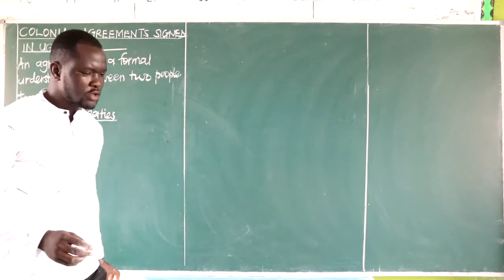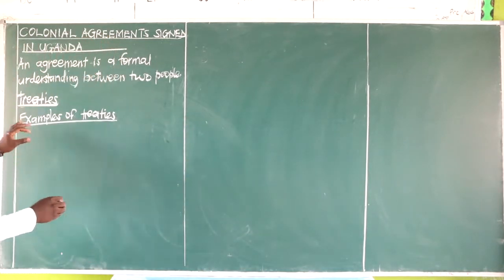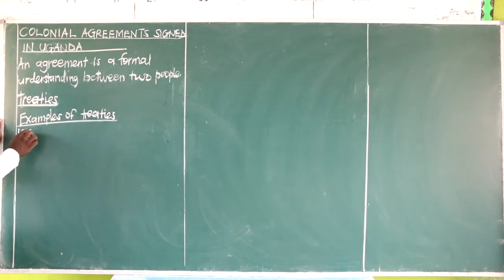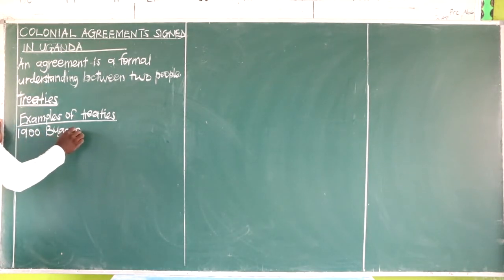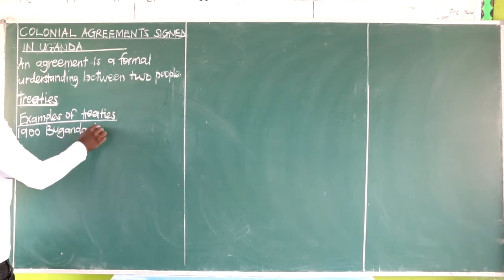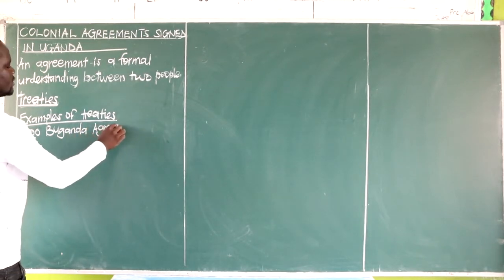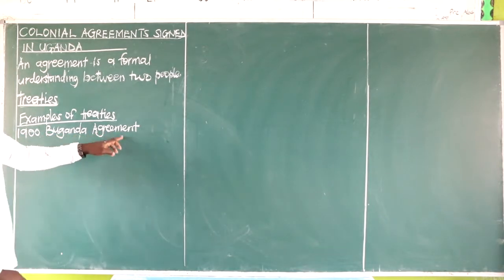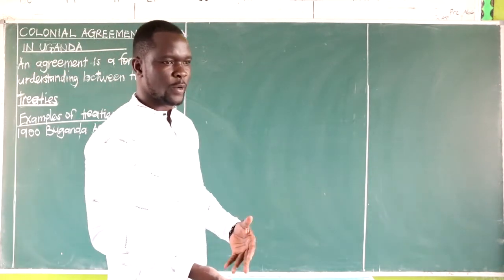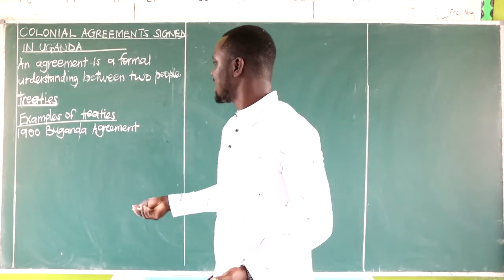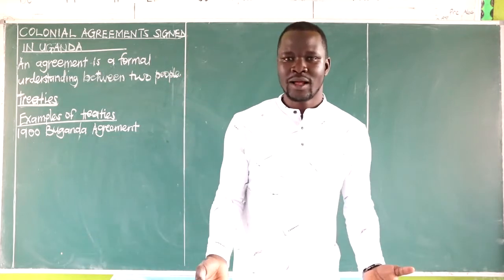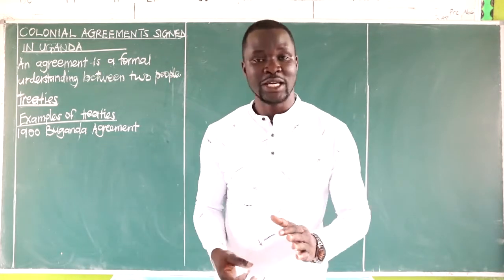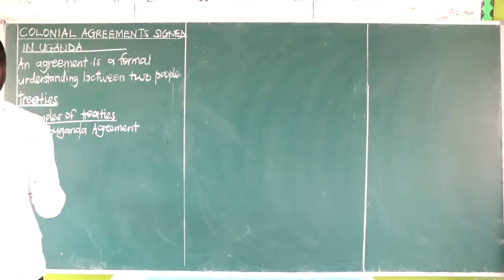Now, we are going to be looking at the agreements like the 1900 Uganda Agreement, we can also call it 1900 Uganda Treaty, or someone can pronounce it as 1900 Uganda Agreement. You don't have to get a little taken up by this.